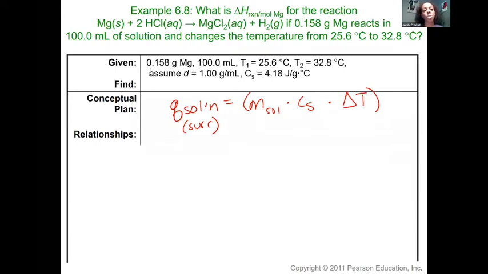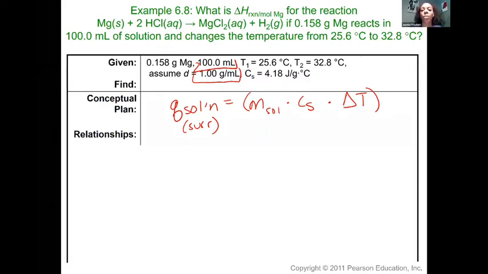A lot of students will see this number and say, oh, that's a mass, I'm going to plug it in. But remember, a solution is a solute plus a solvent making that mixture. So what we want to put in is not the mass of the solute, the thing that's being dissolved. We need the overall mass of the solution. We figure that out from the fact that we have 100 milliliters of it, and the density is 1 gram per milliliter.